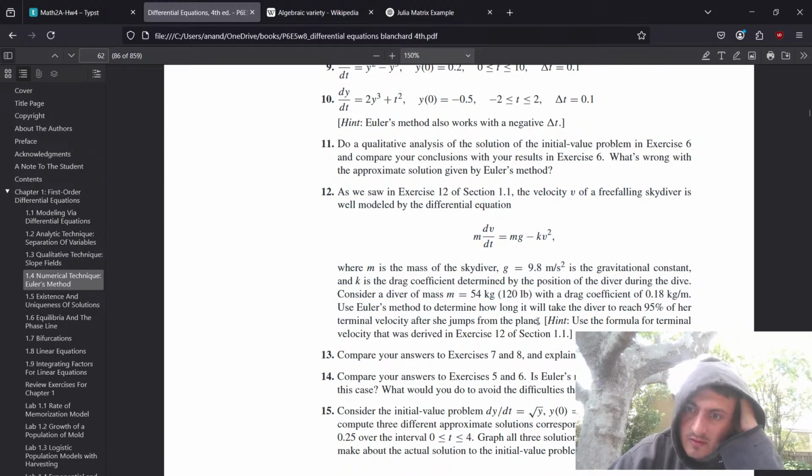Okay. I use Euler's method to determine how long it will take the diver to reach 95% of terminal velocity.